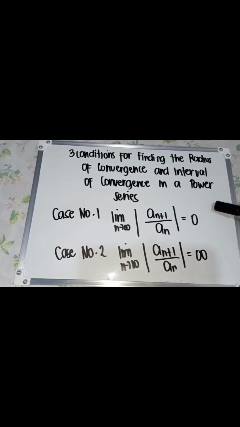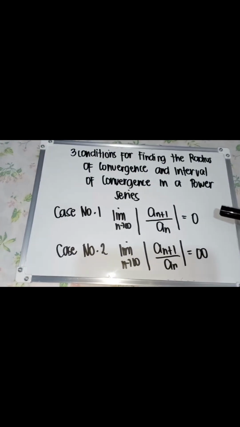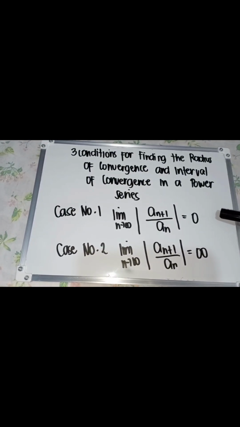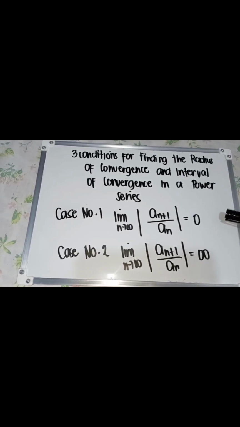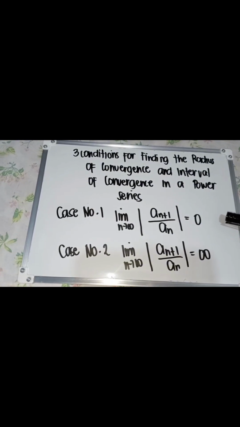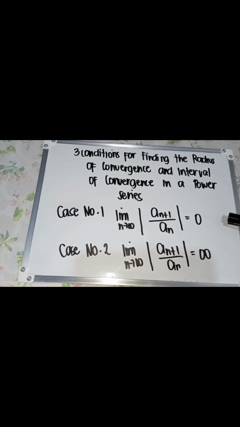In case number 1, the ratio always gives a 0 for any x, meaning the series converges for all real numbers, which implies that for all values of x, the ratio test gives a value less than 1, meaning the power series converges everywhere.